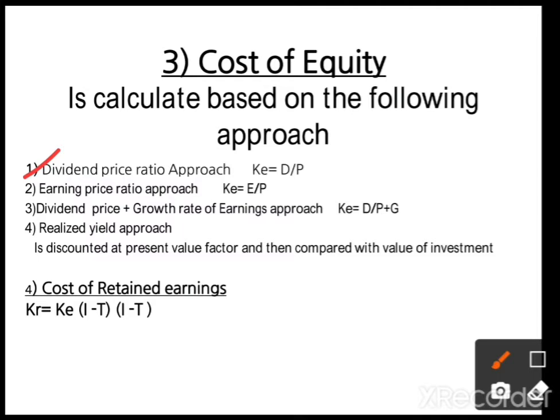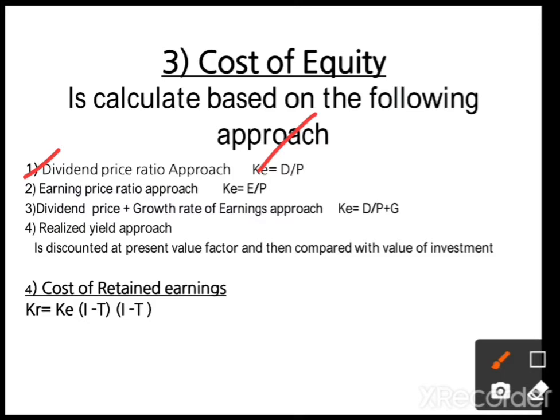If the dividend rate expected by the equity shareholders is presumed to be constant, in this case the investors arrive at the market price for the share by capitalizing the expected dividend at the normal rate of return. In the dividend price ratio approach, cost of equity is equal to D divided by P. D means dividend. P means net proceeds, nothing but the current market price.